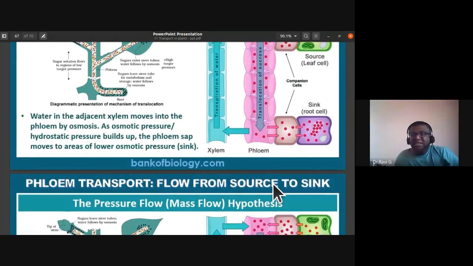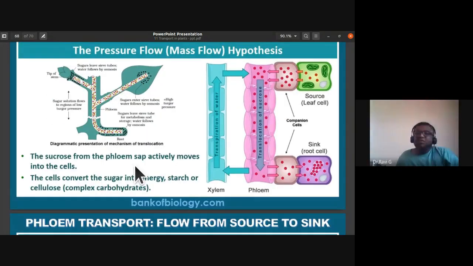Once they reach the sink region, the solutes enter in and the water diffuses into the xylem. The sucrose from the phloem sap actively moves into the cells in the sink region. Unloading is also done by the companion cell, and again it is an active process with expenditure of energy. So the sink gets this sucrose.